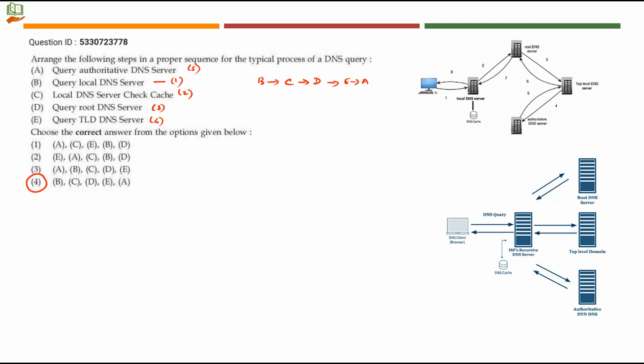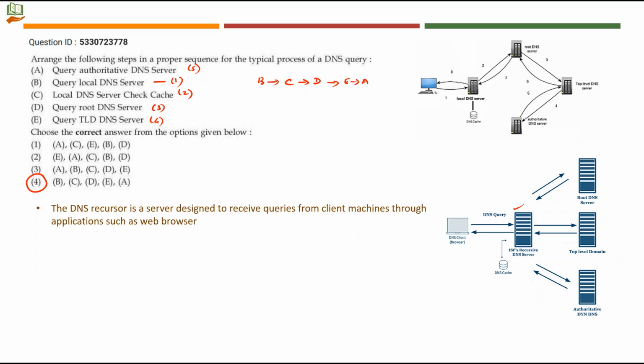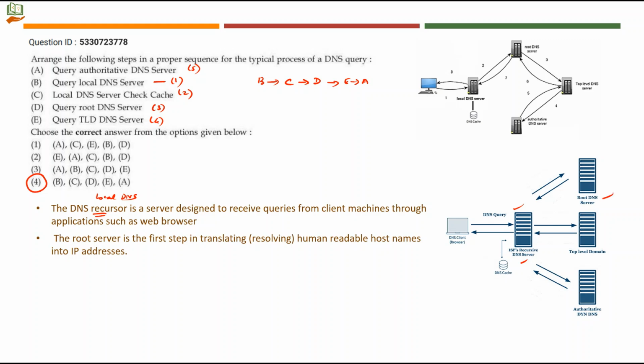So to whomever it wants to ask, this particular server will ask and fetch you the answer. The DNS recursor is a server designed to receive queries from client machines through applications such as a web browser. So here we can equate it to the local DNS server. The root server is the first step in translating or resolving human readable host names into IP addresses. This particular part.